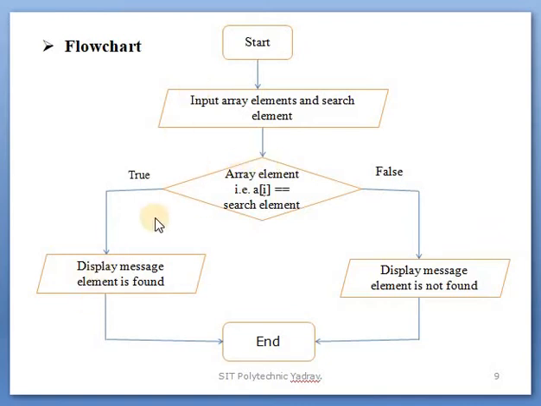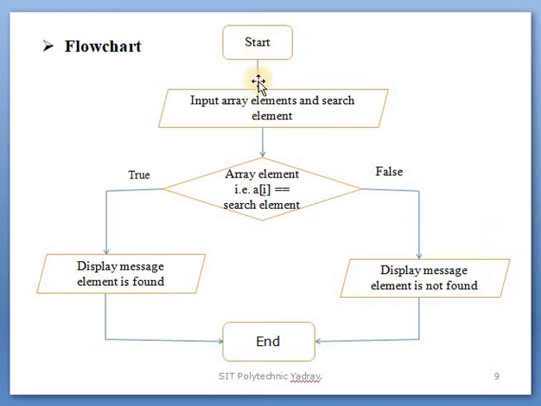Third symbol is the diamond. The diamond is used when any conditions or comparisons are there; at that time the diamond symbol is used to show them. After that, the arrow symbol is used to show the flow of data.